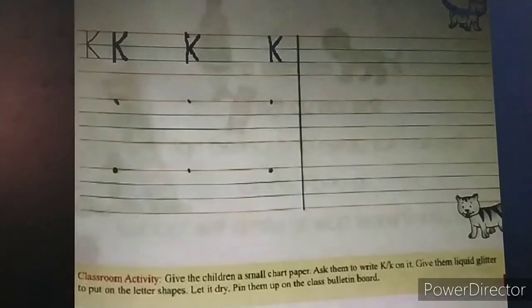Again we will see standing line, slanting line, again slanting line, standing line, slanting line, another slanting line. Again from pink line to second blue line, one standing line and two slanting line.